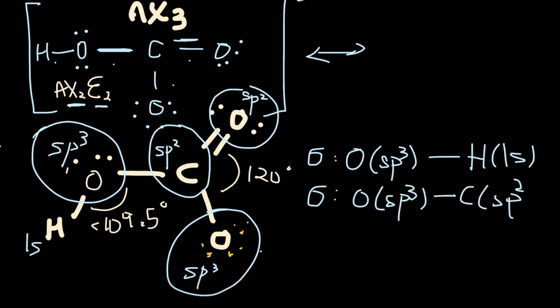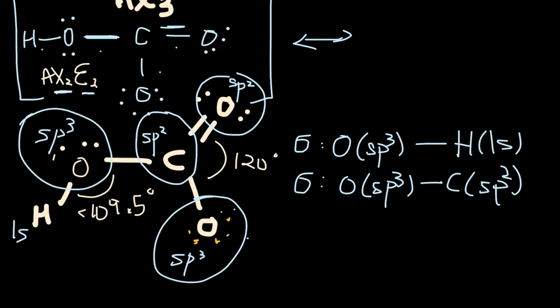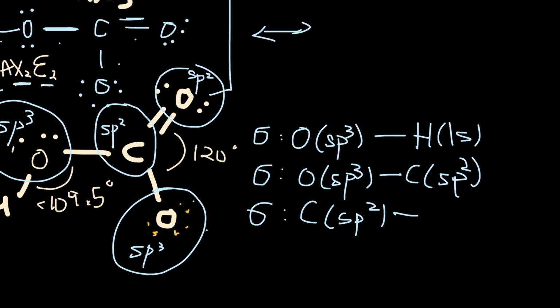You see, we're just copying out the hybrid orbitals, which are the orbitals they use to bond. Now, between carbon and the singly bonded oxygen, it is also a sigma overlap, because you see there's a single bond, then you say there is a sigma bond. We just copy it out. It's going to use its hybrid orbital to bond with the other one's hybrid orbital.